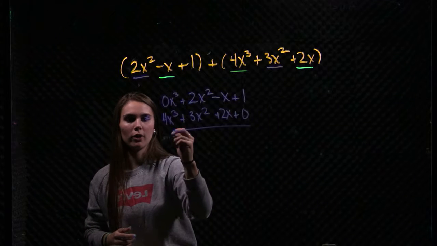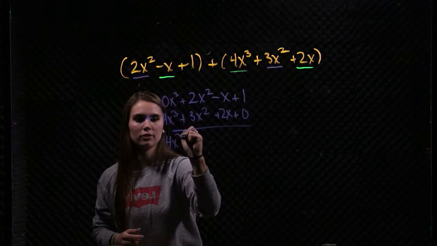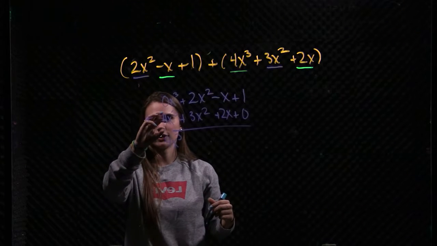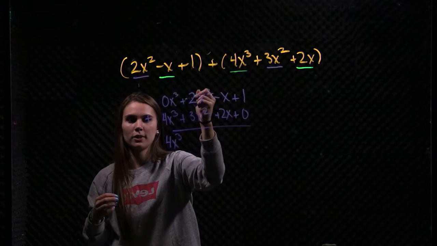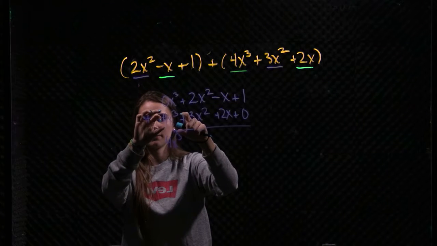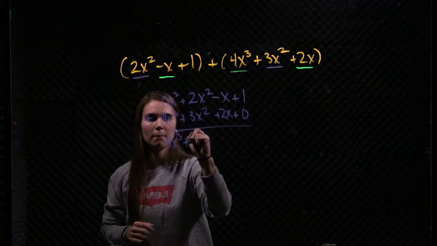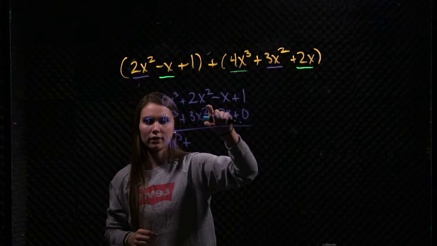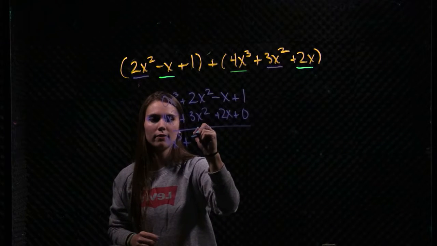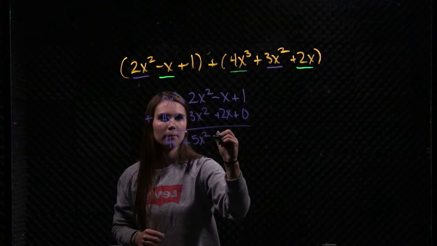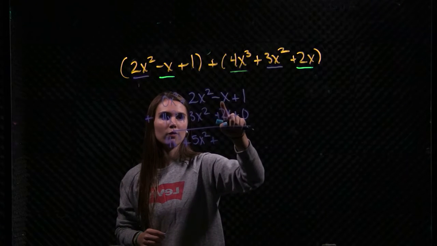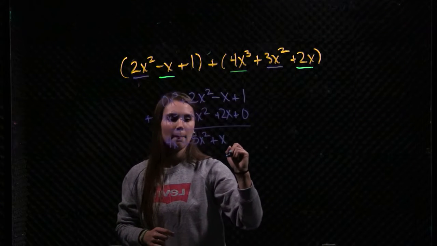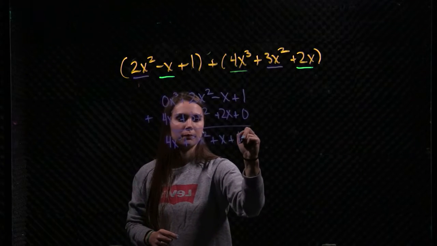So I've got 0 plus 4 is 4x cubed. So I need to make sure to always bring down that variable with it. I'm just combining the coefficients because I have 0x cubes here and I have 4x cubes here. So I end up with 4x cubes. Then I have 2x squareds and I want to add 3x squareds to it. So I have 3 plus 2 is 5x squared, plus, then I have negative 1 plus 2 is going to be positive 1x, and then I have 1 plus 0, which is 1.